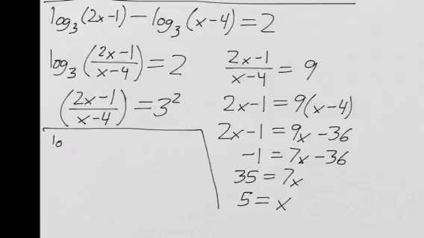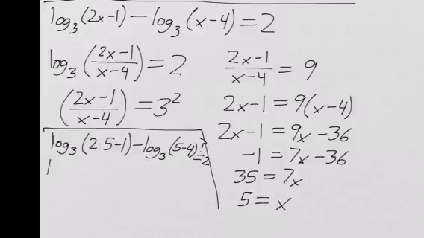So we get log base 3 of 2 times 5 minus 1 minus log base 3 of 5 minus 4. And we want to know if that's equal to 2. So we have log base 3 of 9 minus log base 3 of 1.